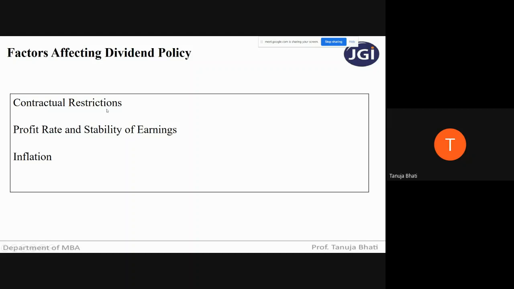See, students, usually in banks, when you go to take a loan, they don't just give you a loan like this. The banks have certain terms and conditions which you have to fulfill in order to take the loan. If those terms and conditions are fulfilled, then only the bank will give you the loan. So that is nothing but contractual restrictions.